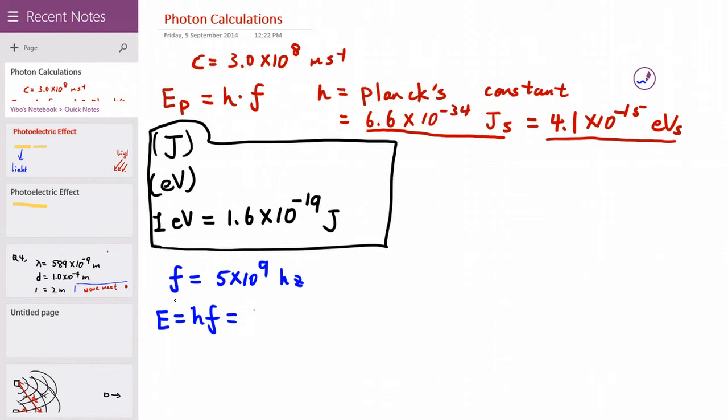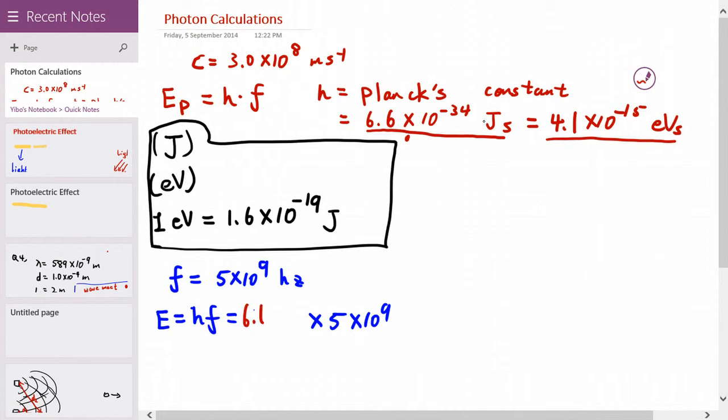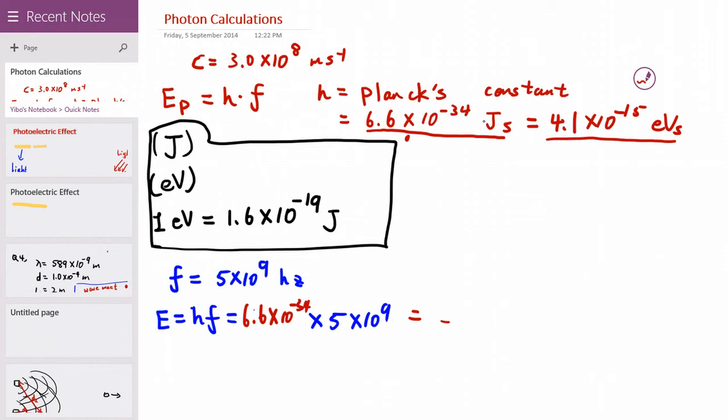Your frequency is 5 times 10 power of 9, and h is Planck's constant. So if I use this number, 6.6 times 10 power of minus 34, I type it into the calculator, I get an answer, and it's in joules. It tells me how many joules of energy are in a photon of that frequency.